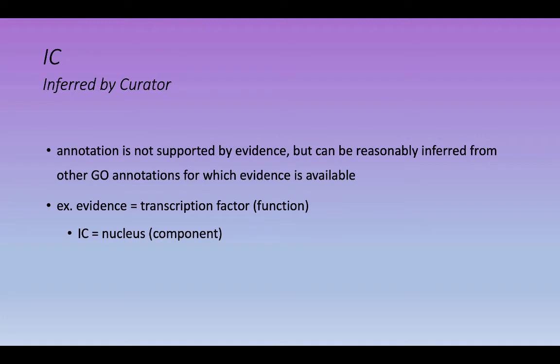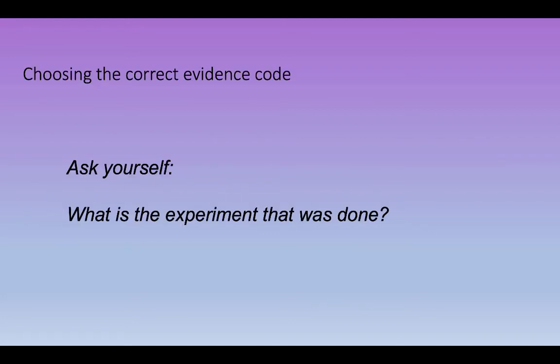There are also things where the curator might look into something and not find evidence, but they think they can infer something. So, a transcription factor we would expect to find, say, in a nucleus. So a lot of times when you find things in the Gene Ontology, you want to think about how much faith you have that they're actually correct.